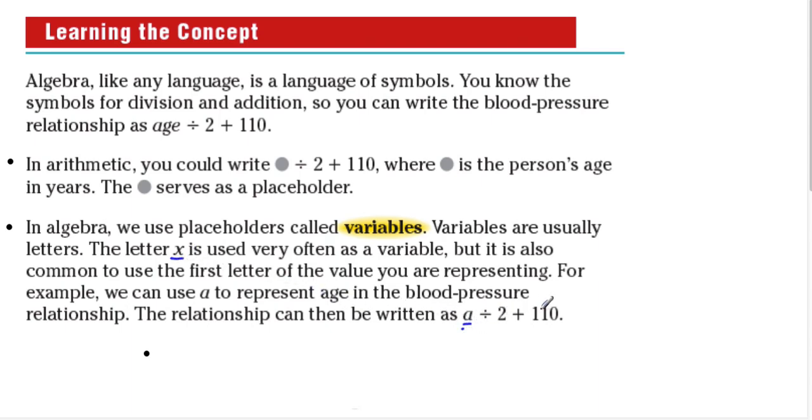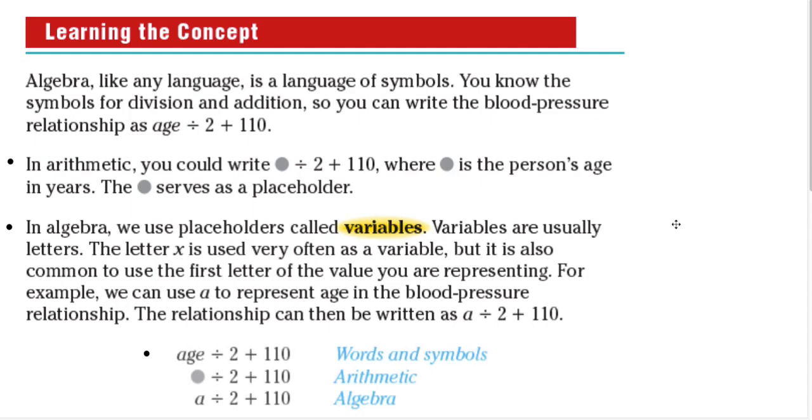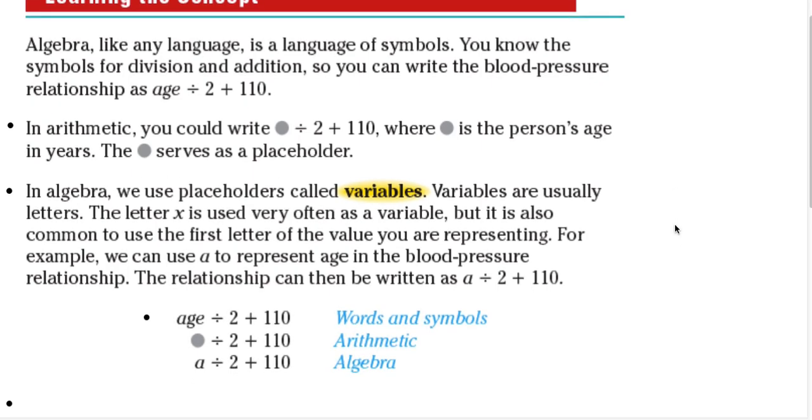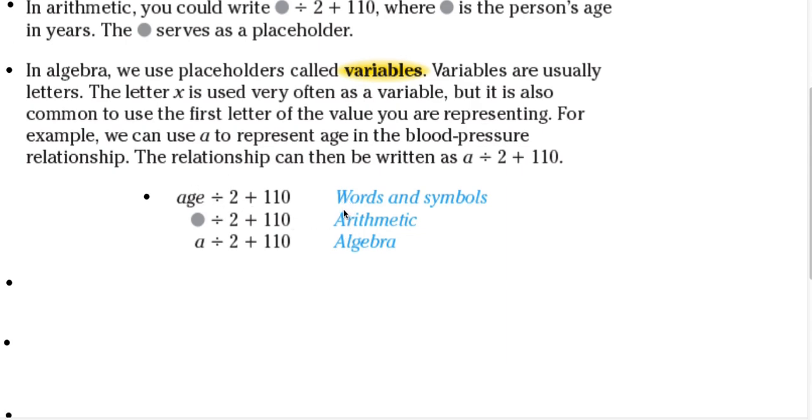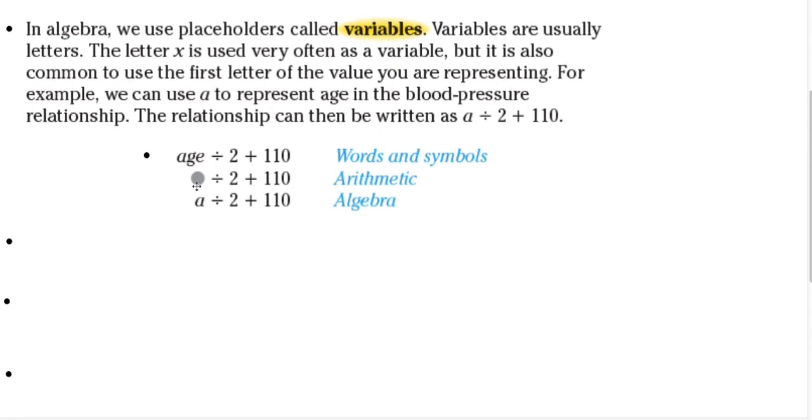So you now have A divided by 2 plus 110. We now have the age divided by 2 plus 110. This is in words and symbols. Circle divided by 2 plus 110 is arithmetic. But when you talk about A divided by 2 plus 110, this is how we say that in algebra.